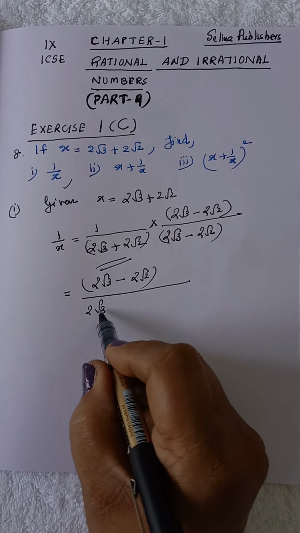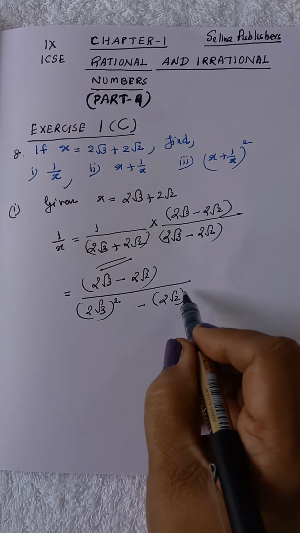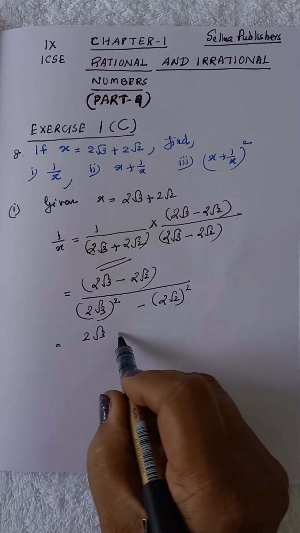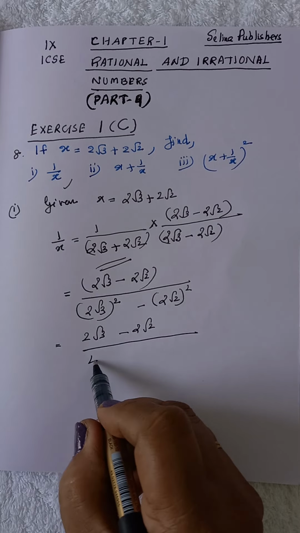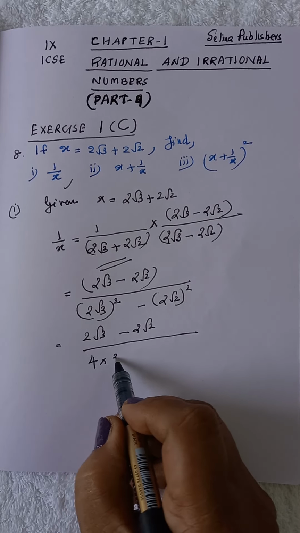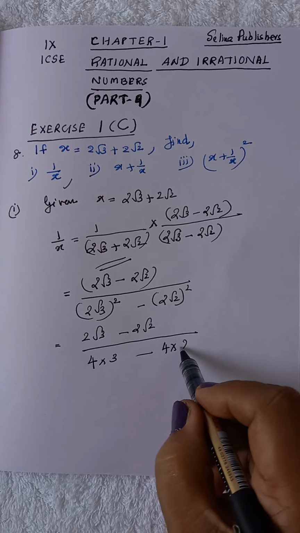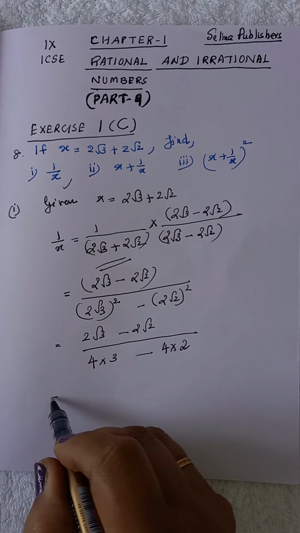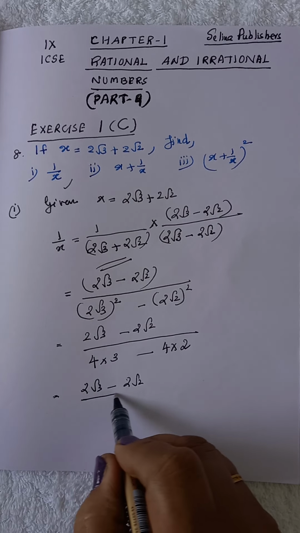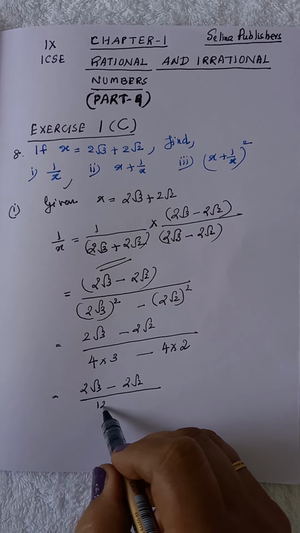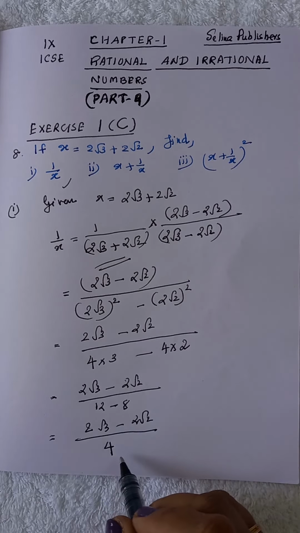So 2 root 3 whole square minus 2 root 2 whole square, that is equal to 2 root 3 minus 2 root 2 divided by, here 2 square is 4, root 3 square is 3, so into 3 minus 2 square is 4 into root 2 square is 2, so into 2. Now this is equal to 2 root 3 minus 2 root 2 divided by 4 into 3 is 12, 12 minus 8, that is 2 root 3 minus 2 root 2 divided by 4.